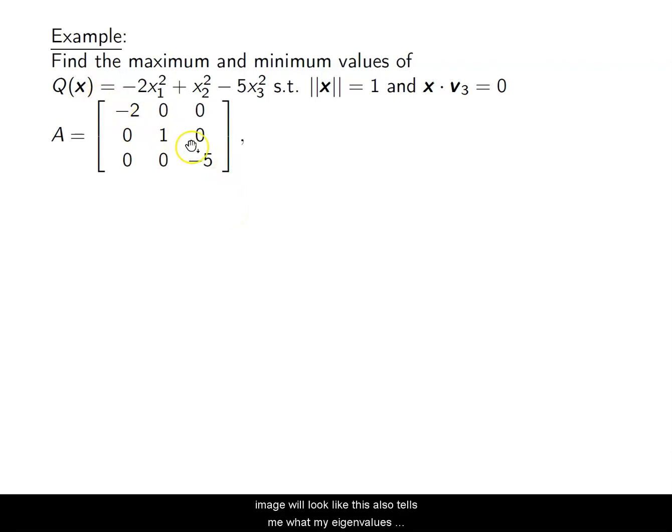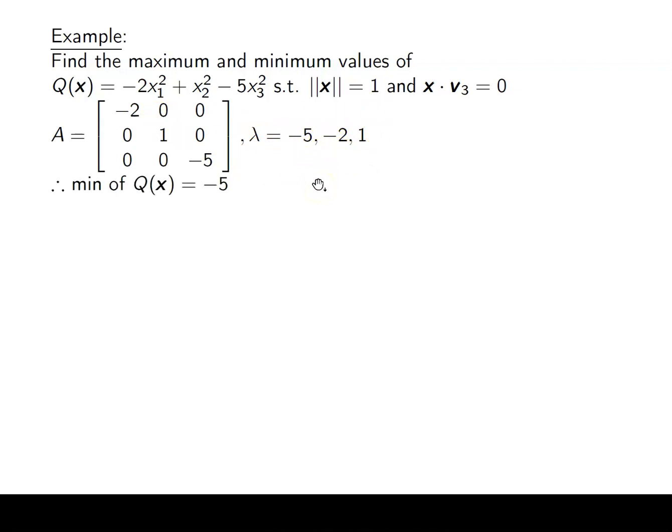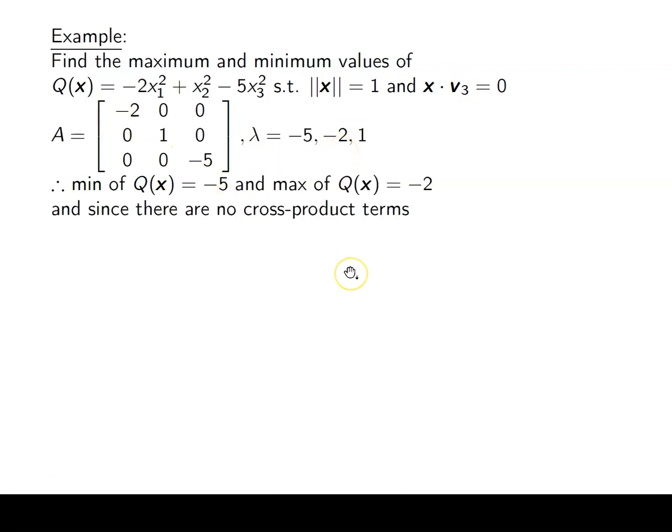This also tells me what my eigenvalues are, which is nice, right? So the eigenvalues are -5, -2, and 1 in that order, okay? The minimum value is -5. The max is not 1 because that's associated with the eigenvector I want to be orthogonal to. So the max here is going to be -2, right?